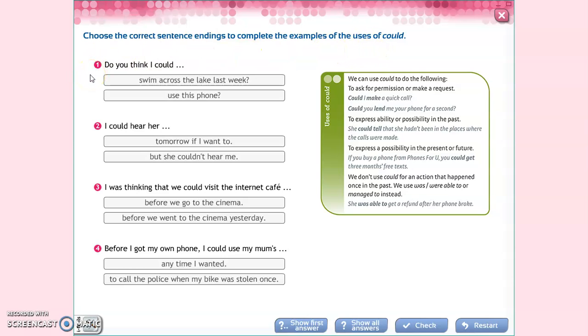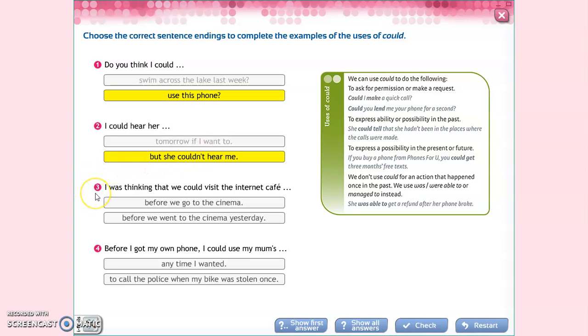So number 1 says, do you think I could swim across the lake last week or use this phone? Well, last week refers to the past, but the question refers to the present, so the correct answer is use your phone. I could hear her tomorrow. No, I am not referring to tomorrow. But the second option is, but she couldn't hear me. So that's the correct answer.